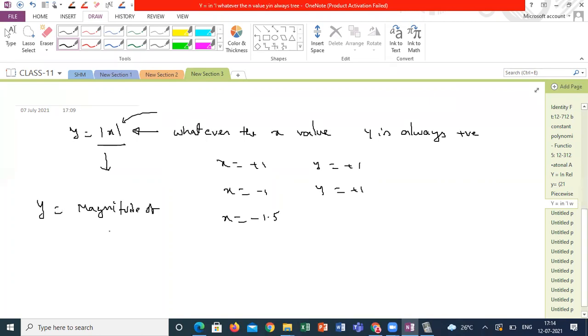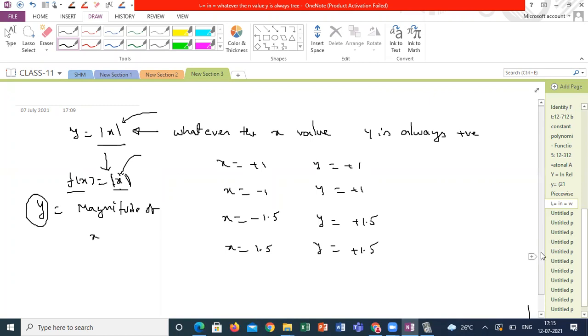That means y is always positive. Why can't it be negative? Your f of x is mod x. Your input may be anything, but the output is always only the magnitude of x. Am I right? Okay, sir. Got it? Yes, sir. So if x is equal to 1.5, y is also plus 1.5.